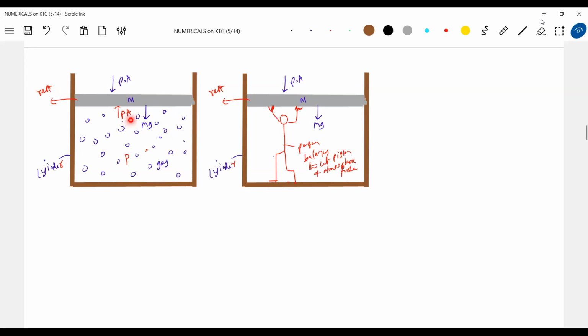So how will it balance? Anybody wants to answer, please? Whatever you feel, you can reply. Intermolecular repulsion. Okay, intermolecular repulsion, I'll write it down.